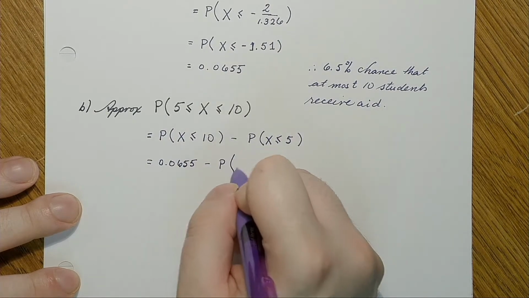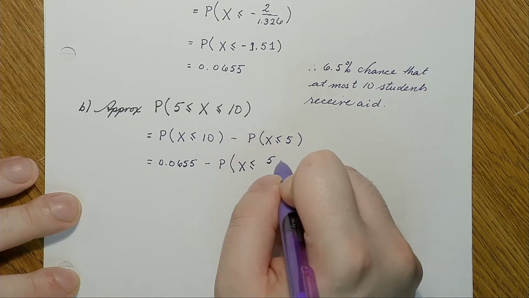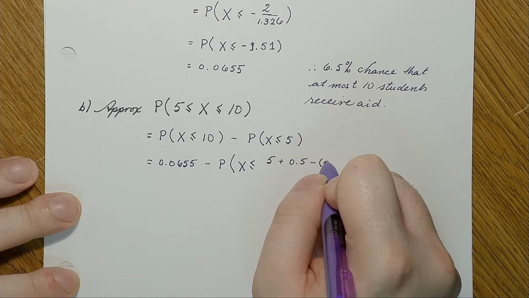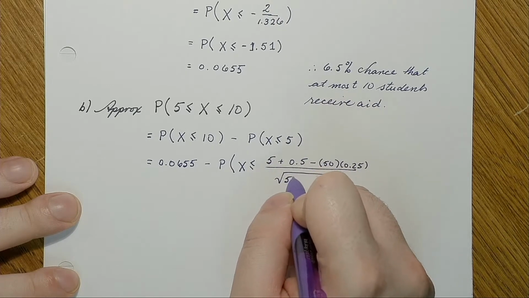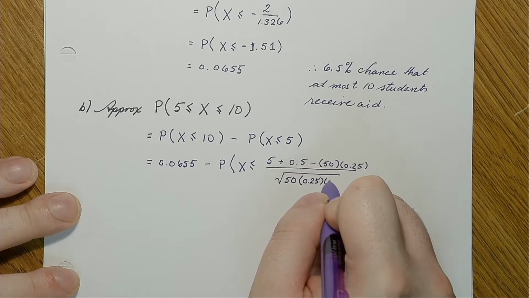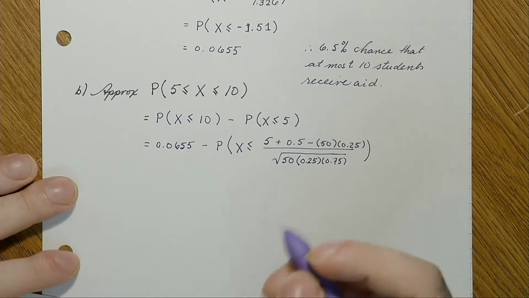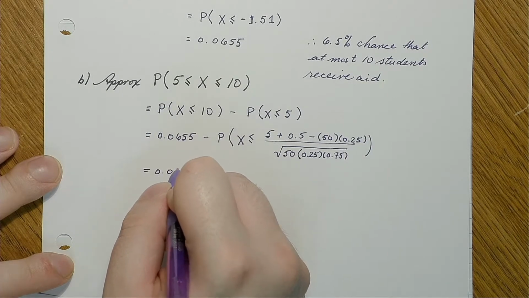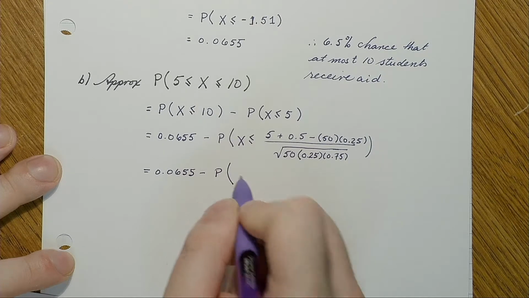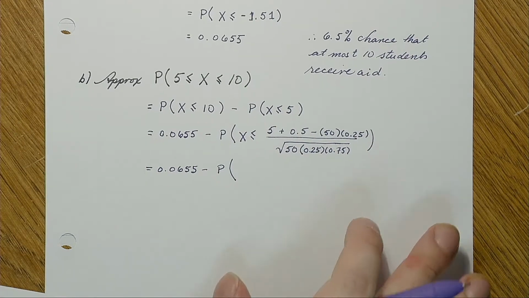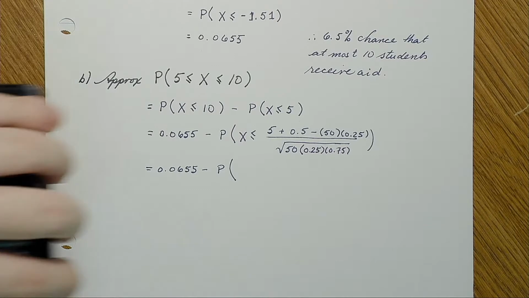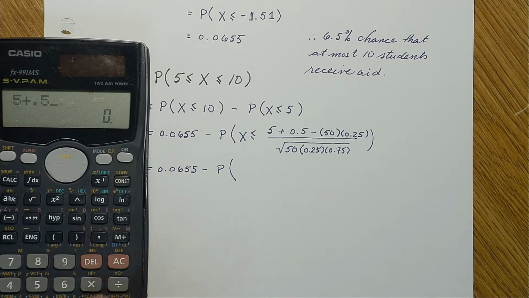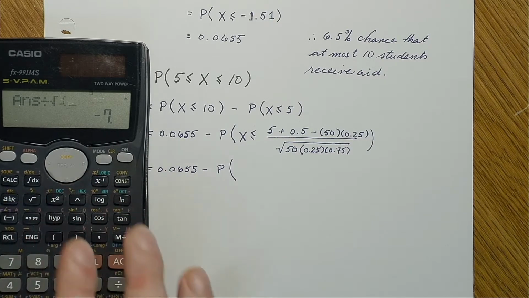And we have to then calculate it for 5. So calculating that using the calculator, we have 5 plus 0.5 minus 50 divided by the square root.